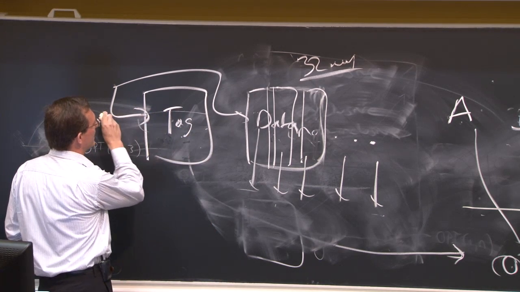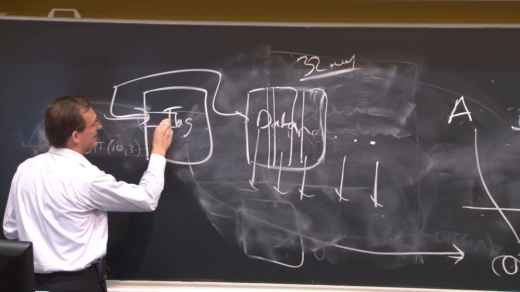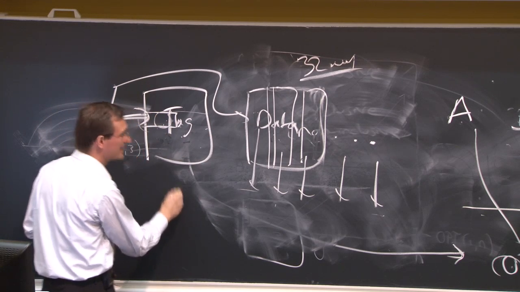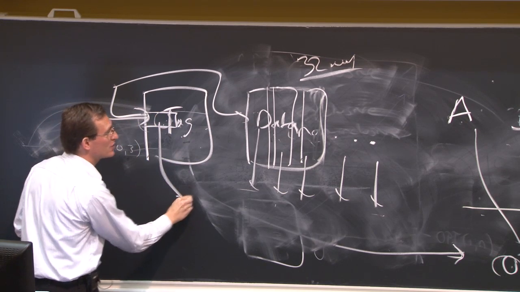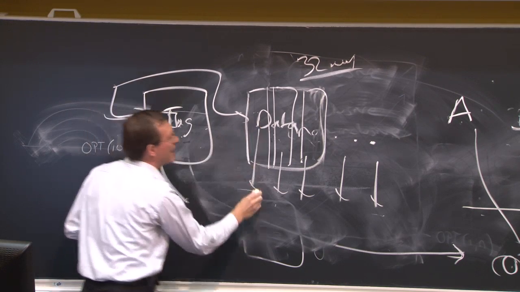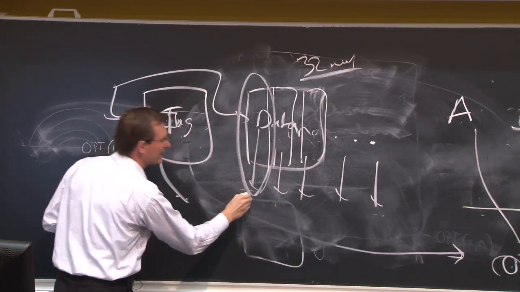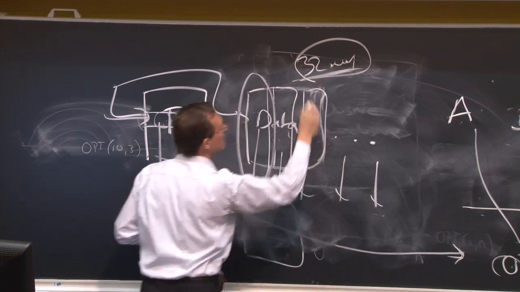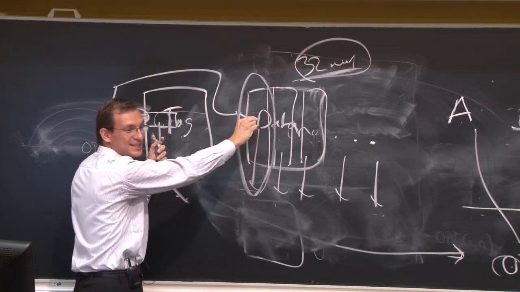So you could do this serially. If you do this serially, basically you first check if the tag matches and if the block exists in the cache. If the block exists, now you know which way the block exists in, right? So you can power up only that way if you do serial access of the tag store and the data store. Instead of powering up 32 ways, you power up only one way if the block exists in the cache.